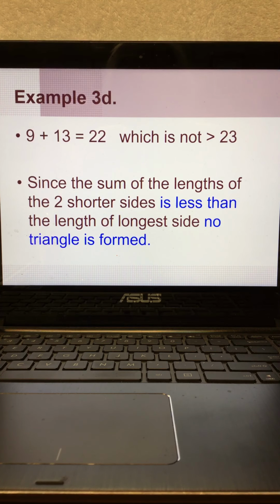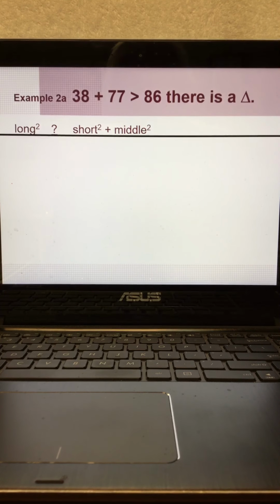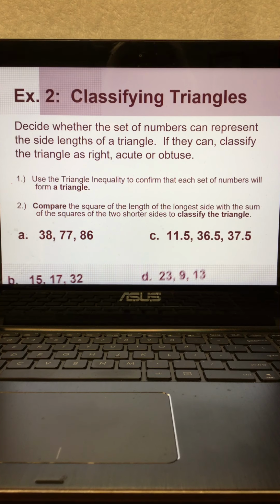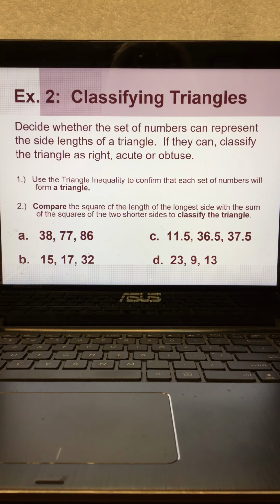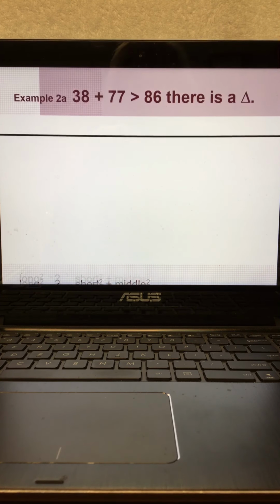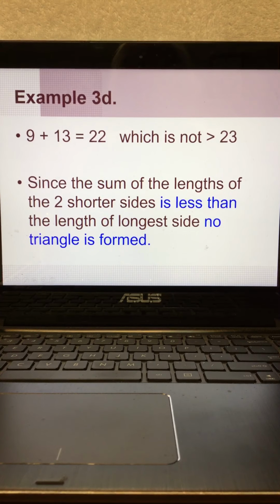And then our last problem was 3D. Now, if you go back and look, I did not put the numbers in the order necessarily that they would go. When you're looking at D, I put the long side first. Here's the long side. These are my two short sides. So I'm trying to make sure how 9 and 13 relate to the problem.